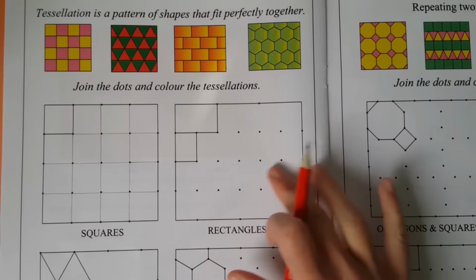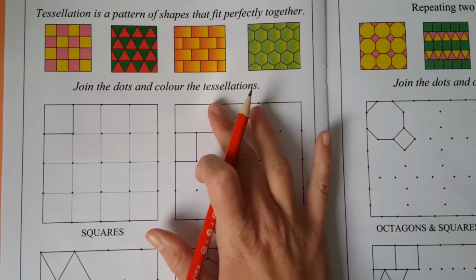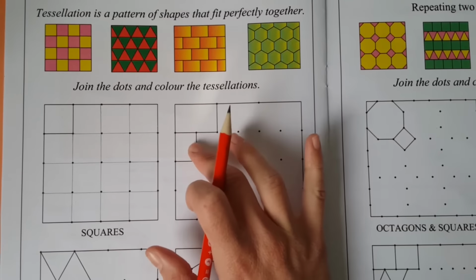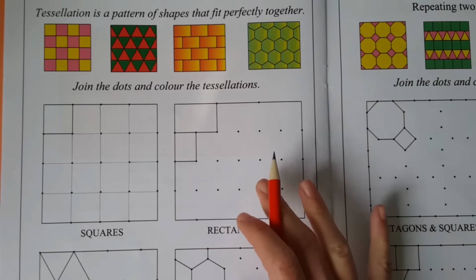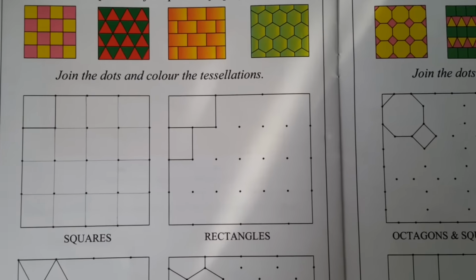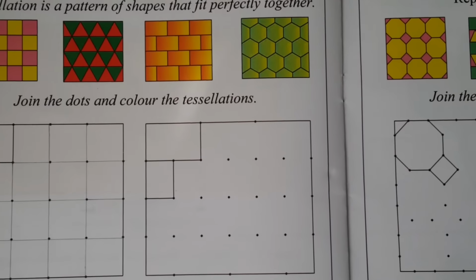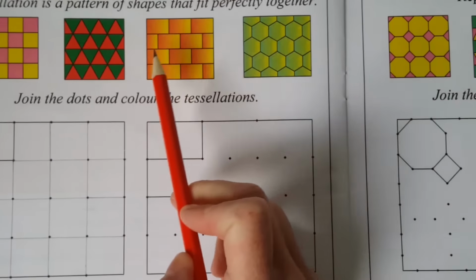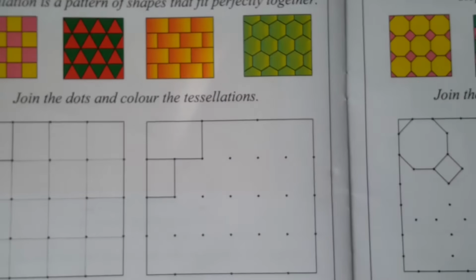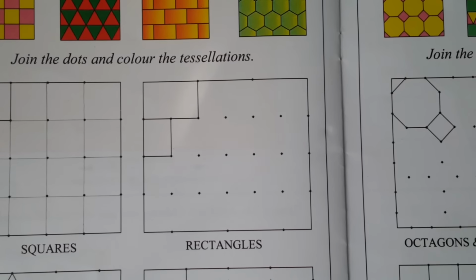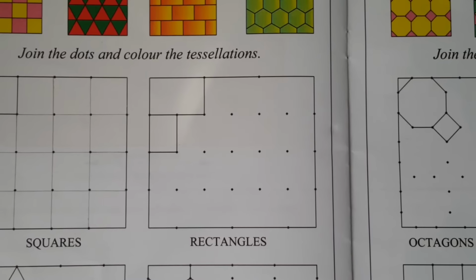Alright, now as you can see, the first rectangle and the first half of a rectangle are already finished for you, and this is our point of reference. Now, by referring to this answer right here, I can already see that there are going to be 3 horizontal straight lines.